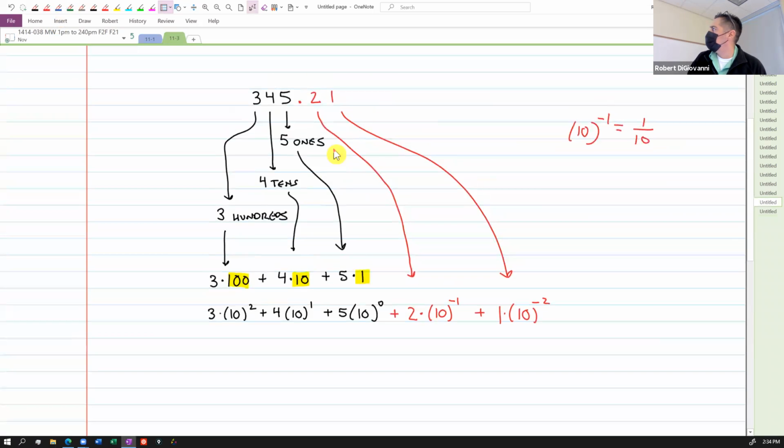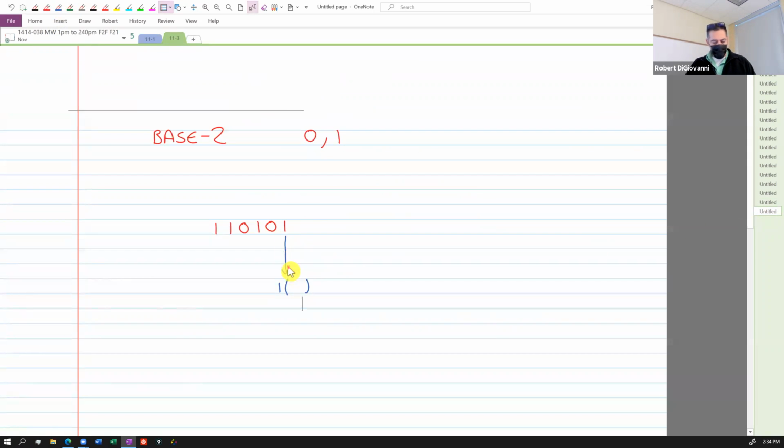When our first digit here, the 5, said we had 5, whatever the base was to the 0, and then 4, whatever the base was to the 1, and then 3, whatever the base was squared. Understand? So this should be 1 what? 2 to the zeros. Okay, this next one, 0, should be, I have 0 what? 2 to the 1s.